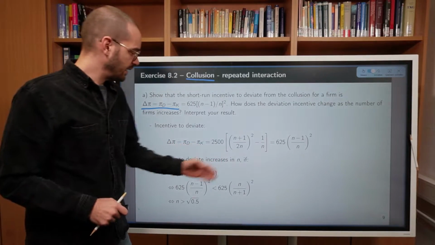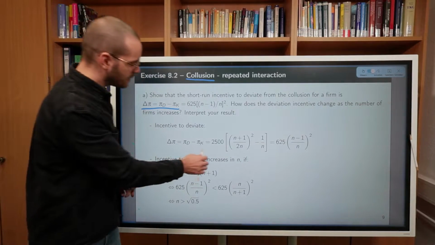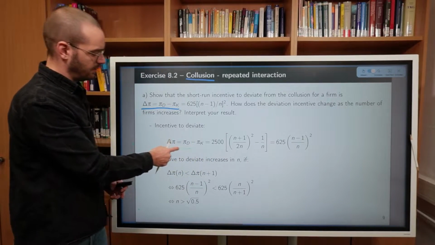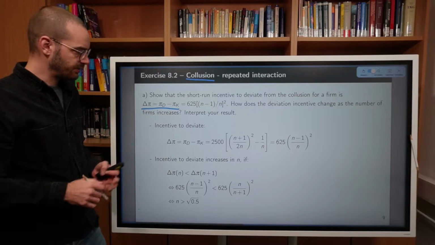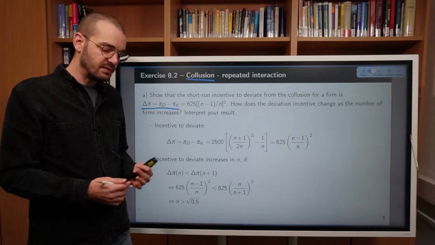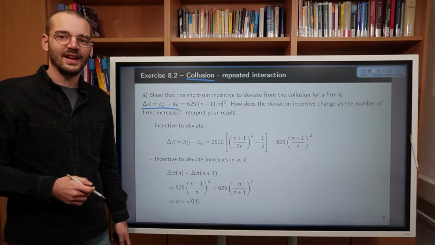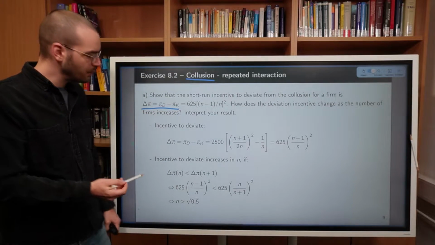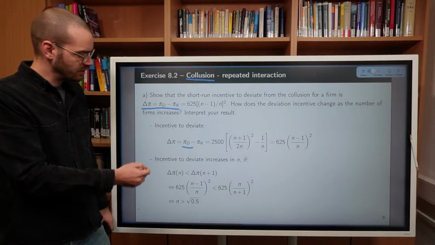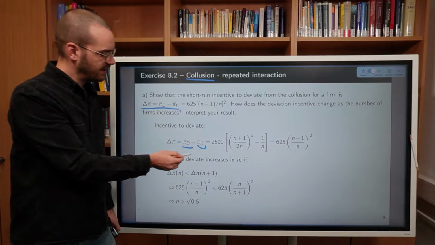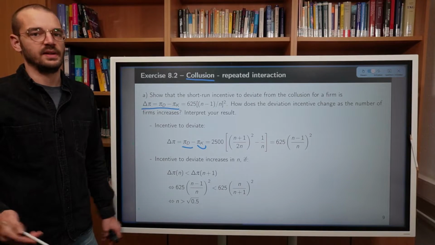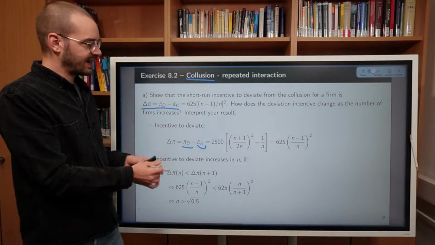Okay. Now, if we have conceptually understood why the incentive to deviate is exactly equal to this difference, well, then we can simply rely on the previous exercise where we have found expressions for pi d and pi k as functions of n, right? And that's exactly what we're doing here.